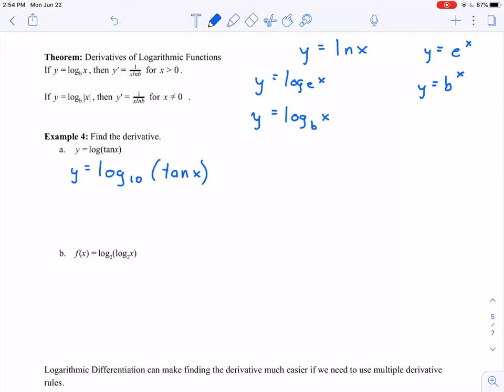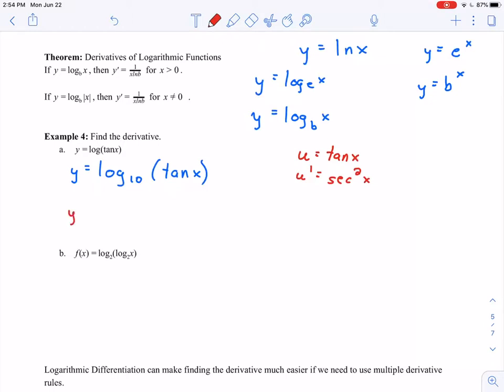This then, hopefully we can see, hey, tangent of x is inside of our logarithm function. This is a chain rule problem. So off to the side over here, I'm going to say u is tangent of x. u prime, the derivative of tangent, is secant squared x.